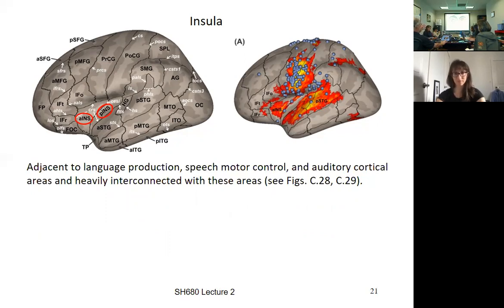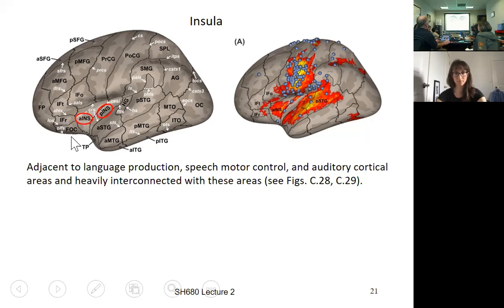It's more involved in things like taste and dealing with the mouth, in more of a non-speech context. The anterior part, at the very most anterior part of the insula, is where you have more sophisticated neocortex. The posterior stuff is usually mesocortex, so simpler cortex.